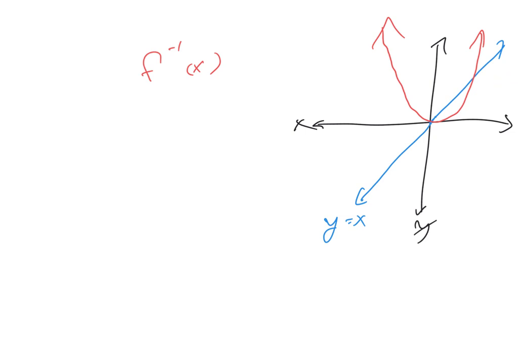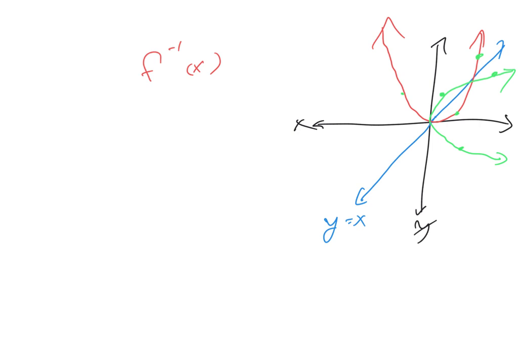So if I were to take this point here, reflect it, it would be there. This point here would go to there. This point here would come down here, but essentially what we end up with is a parabola turned on its side.